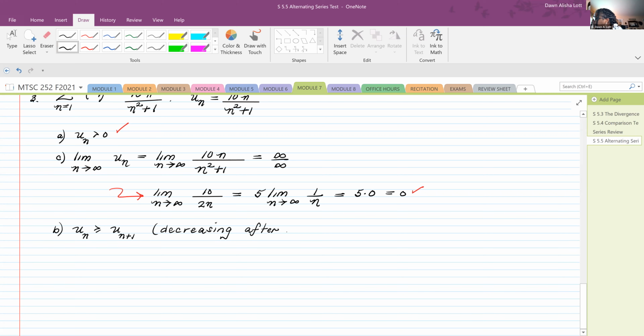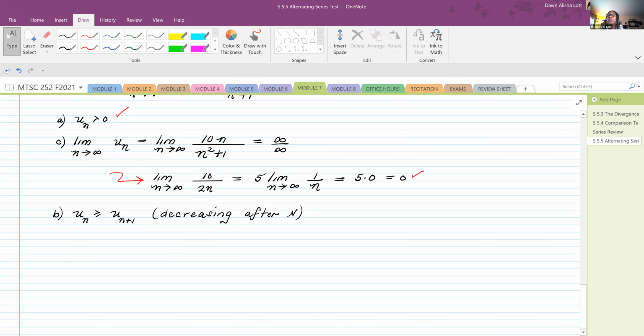One easy way to determine whether it's decreasing is to look at the function. So if U_n is 10n over n squared plus 1, let's make a function f of x that is 10x over x squared plus 1.